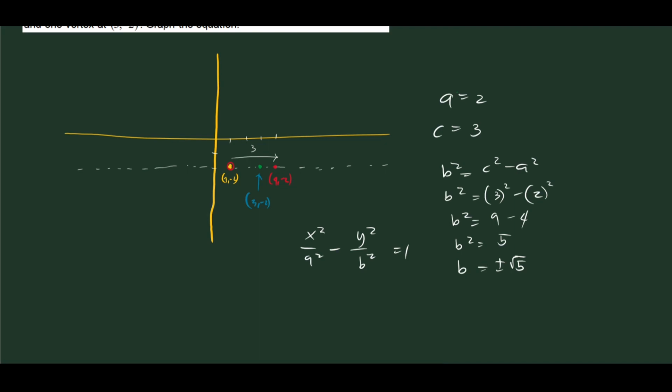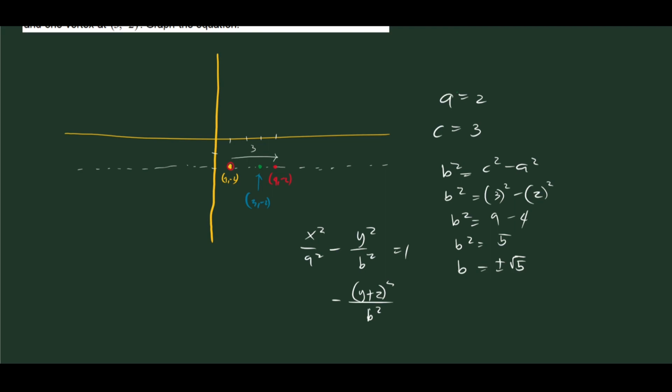Okay, so now let us review our shifting concept. If it is shifted 2 units downward, what do we do with our y? So our y becomes y plus 2, right? Y plus 2 squared over b squared. So minus, what happens to our x squared here?